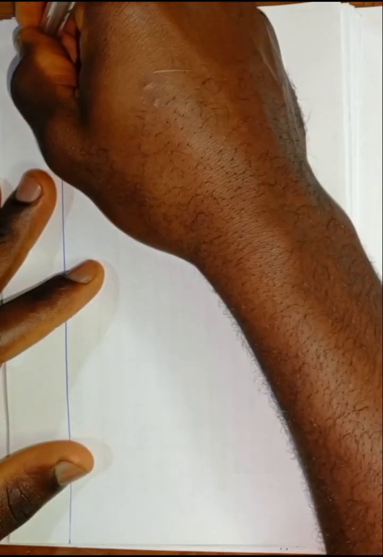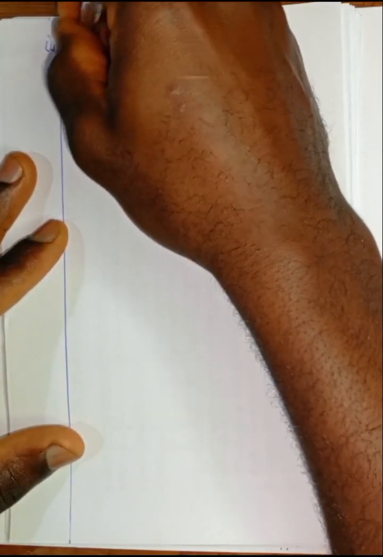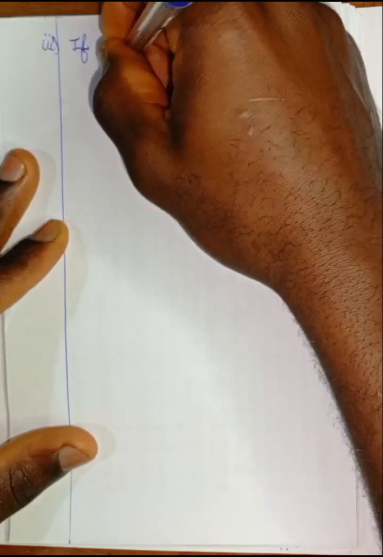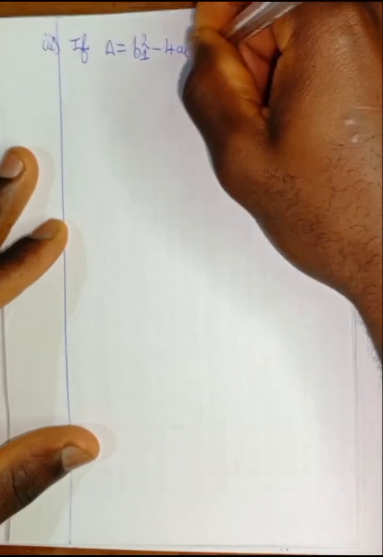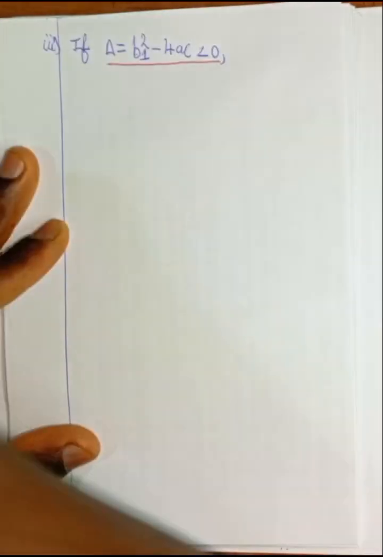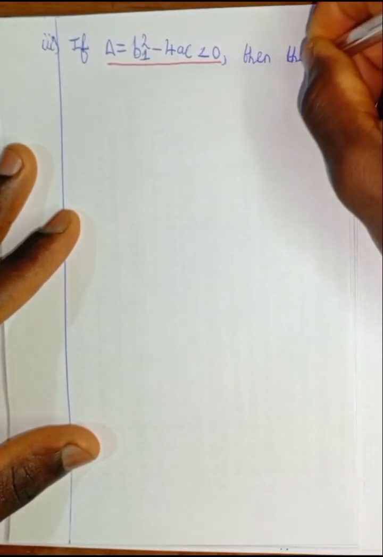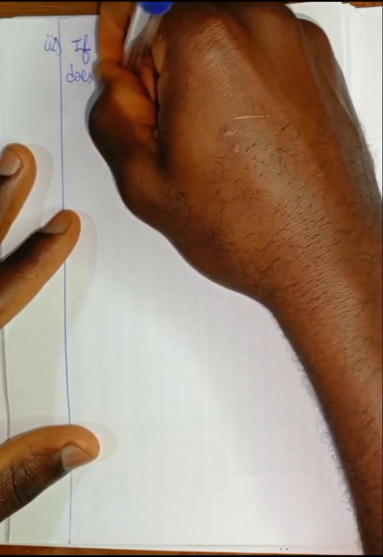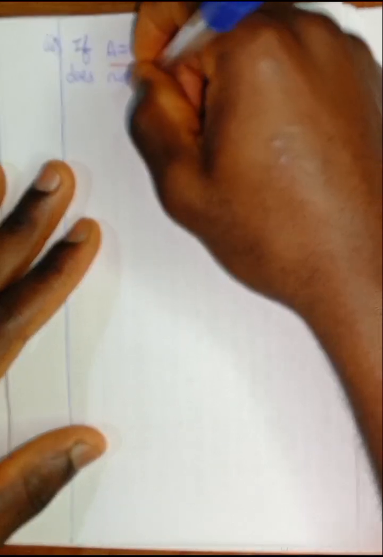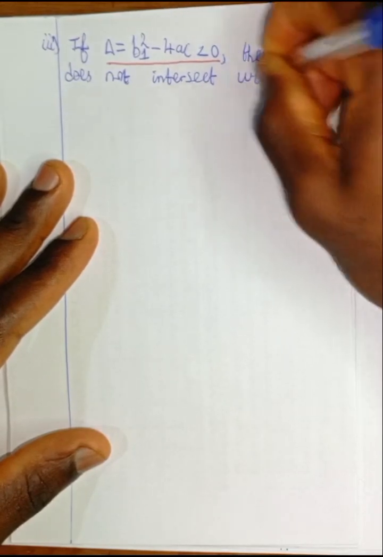We move now to 3i. If the discriminant b1 squared minus 4a c1 is less than 0, underline this, then the line does not intersect with the curve.